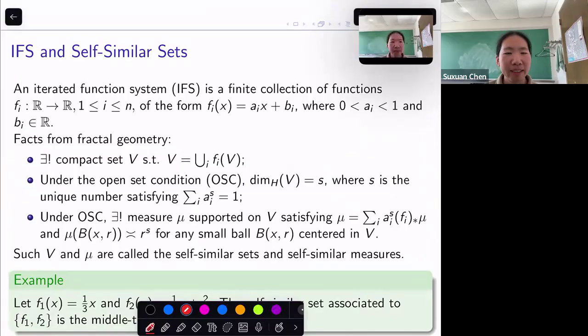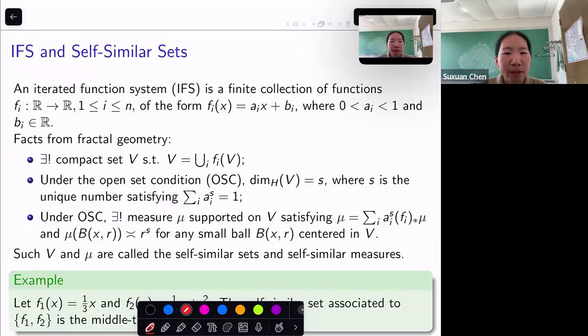An iterated function system is a finite collection of functions f_i mapping from R to R of the form f_i(x) = a_i x + b_i. Here, a_i is some real number between 0 and 1, and b_i could be any real number.